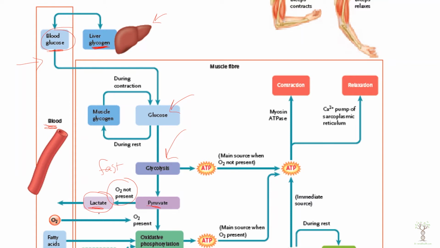We can actually also recycle lactate, and it can join the pathway depending on changes in our activity level. So we are primarily going to break down glycogen and go through this anaerobic pathway when we are using our fast twitch muscle fibers.